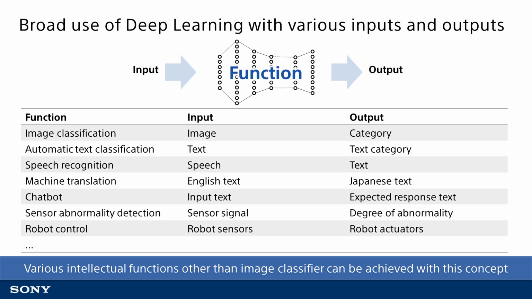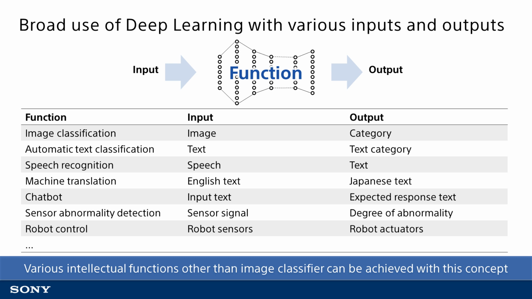For example, if an image input for image recognition is converted to text, it will function as automatic text classification. If the neural network is trained to output the type of text that was input, we have a model for classification of text rather than for image classification. Using the same concept, if the input is speech waveform recorded with a microphone rather than images or text, the output can be a text.